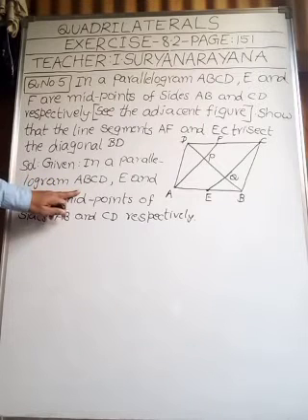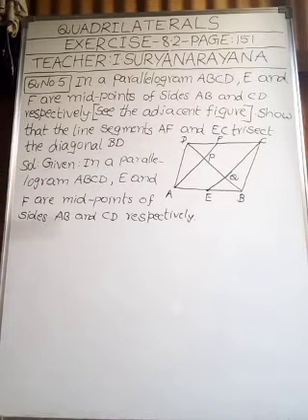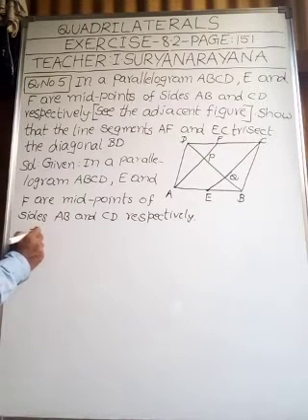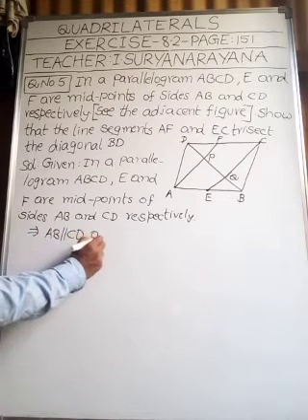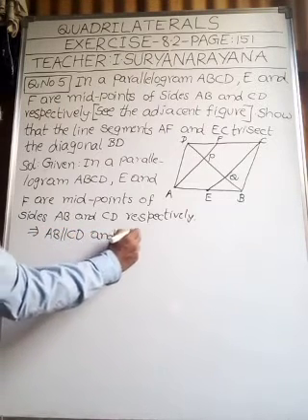Since ABCD is a parallelogram, AB is parallel to CD, isn't it, my children? This implies AB is parallel to CD and AB is equal to CD.